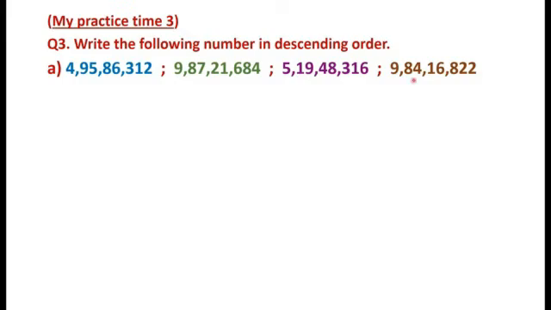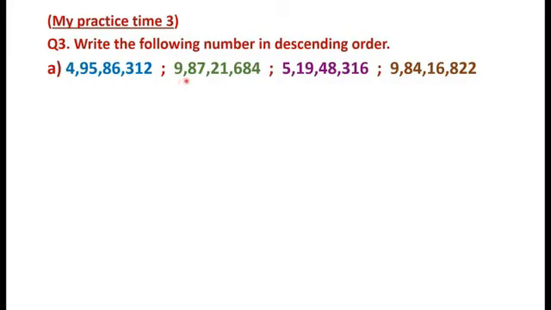So we will start comparing from the left hand side to find which number is the largest. In the first number the digit is 4, in the second number the digit is 9, in the third number the digit is 5, and in the fourth number the digit is 9. That means the largest number is among these two numbers, the second and the last one, because the digit at the left corner place is 9.